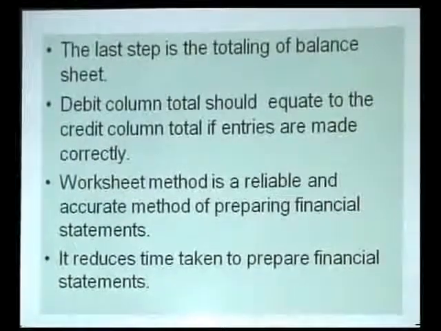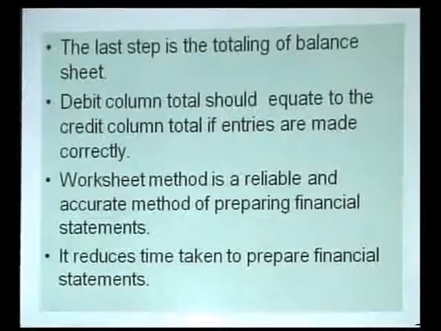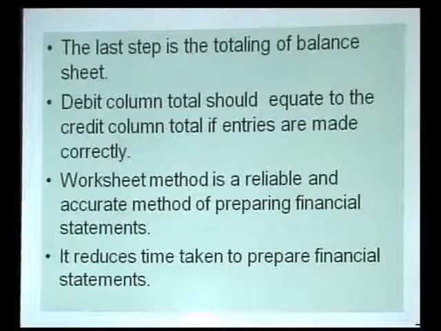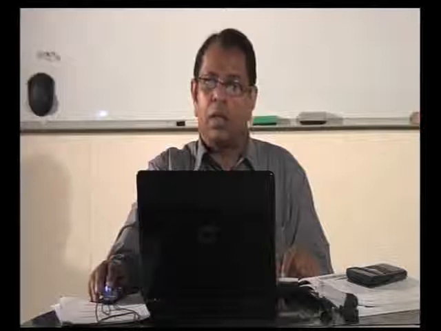Then the last step is the totaling of the balance sheet. The debit column total should equal the credit column total if all the entries are made correctly. Otherwise it doesn't tally, so you have to check again and see whether you have made any mistakes.